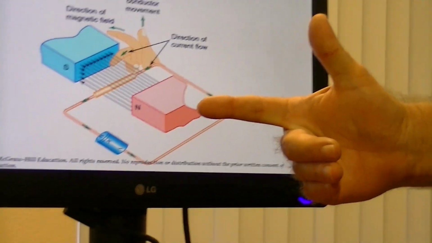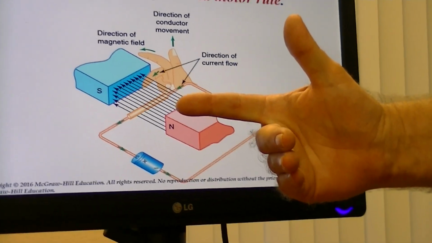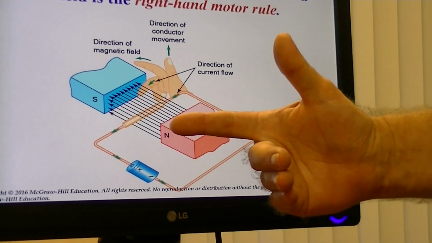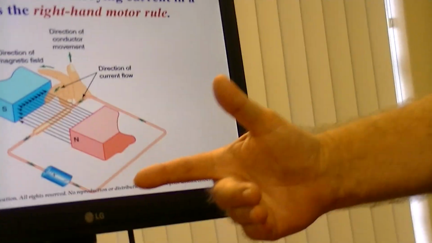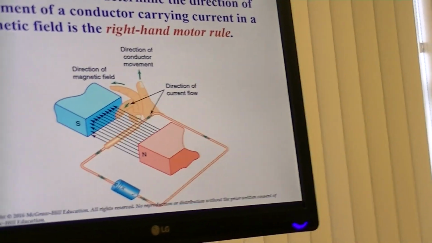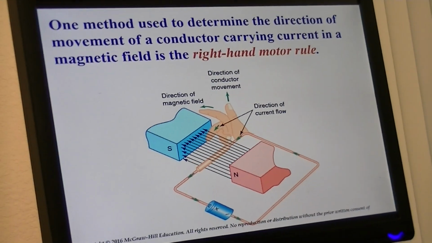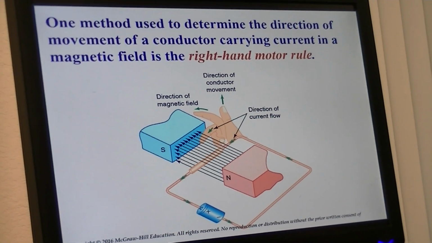And the force, the direction of current flow, is your three fingers sticking out there, because I don't want to put one finger up there. Again, one method to determine the direction of movement of a conductor carrying current in a magnetic field is the right-hand motor rule. Again, don't get hung up on that.